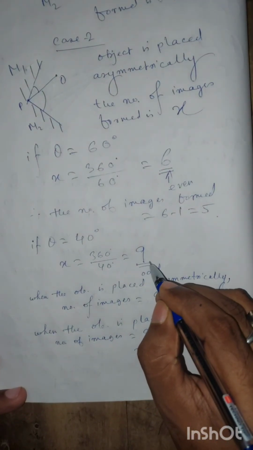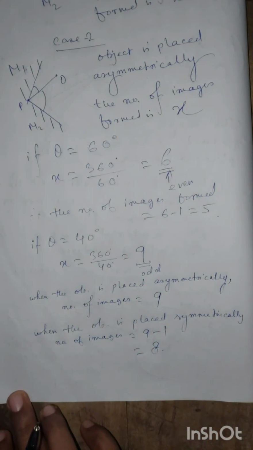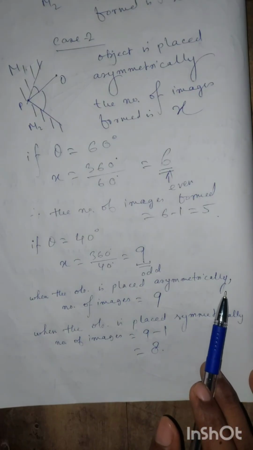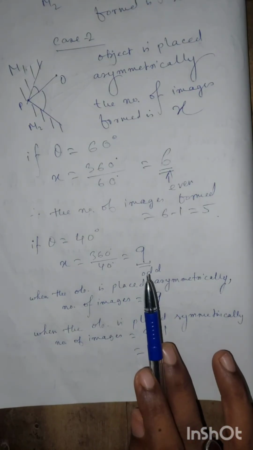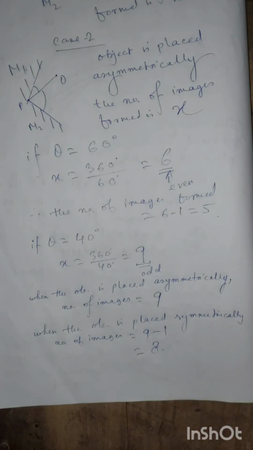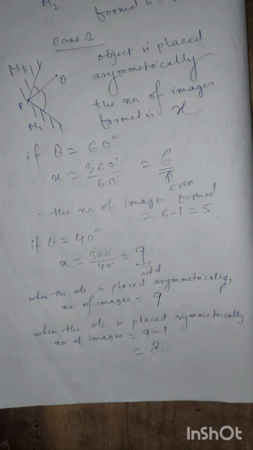Okay, so in case of odd we are getting two different results. When the object is placed asymmetrically we are getting the same number of images as x, and when the object is placed symmetrically then we are getting the number of images 1 less than x.